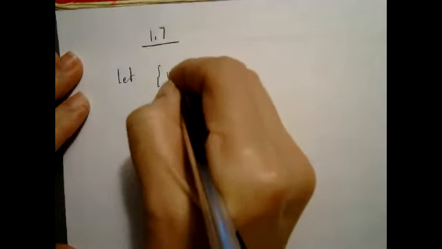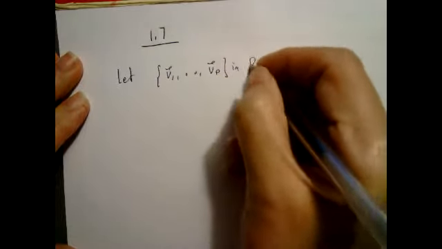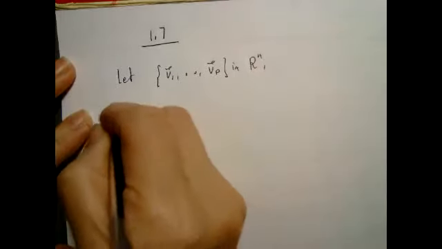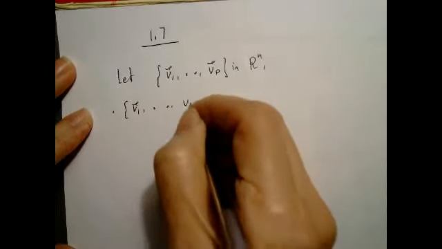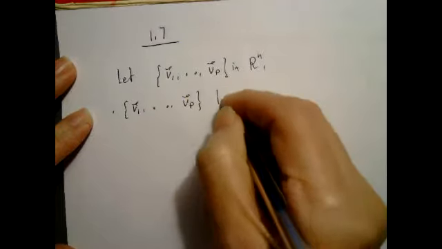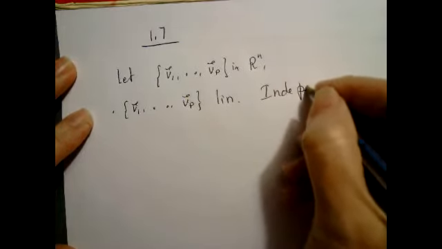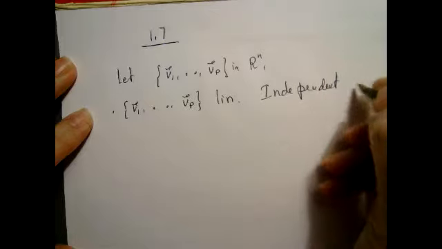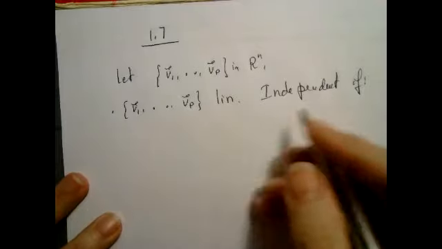So, suppose we have vectors in R^n. We say that they are linearly independent if what? What was the definition? What do we look for?